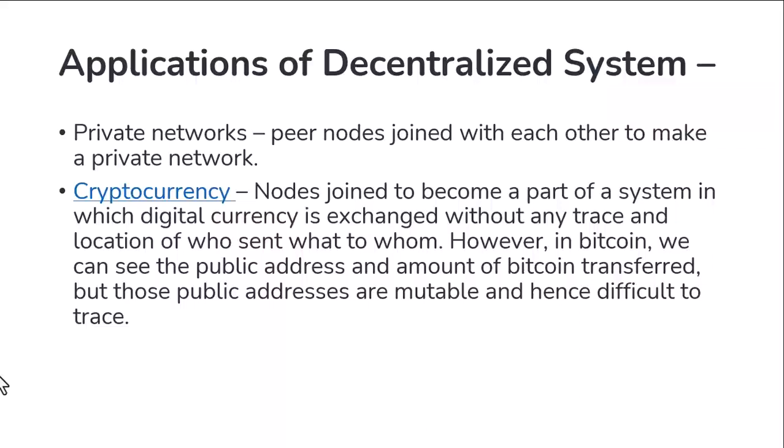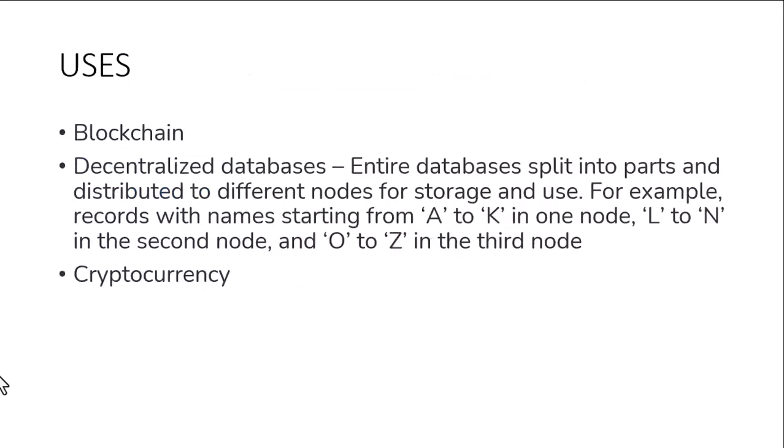However, in Bitcoin, we can see the public address and amount of Bitcoin transferred, but those public addresses are mutable and hence difficult to trace. Uses include blockchain. Blockchain uses decentralized cryptocurrency, and nowadays Google is also using it and many social media networks use this application.